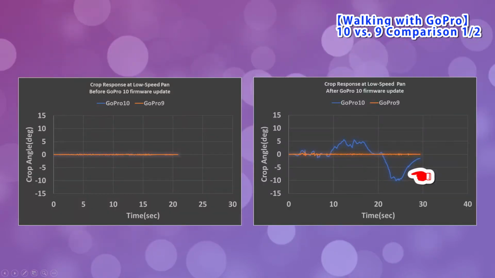From the metadata, I graphed the behavior of the cropping GoPro 10. After updating the firmware, I found that cropping works for slow pans. I'm sure the same thing happens with all the axis rotations, but it's hard to notice because of the scenery change.